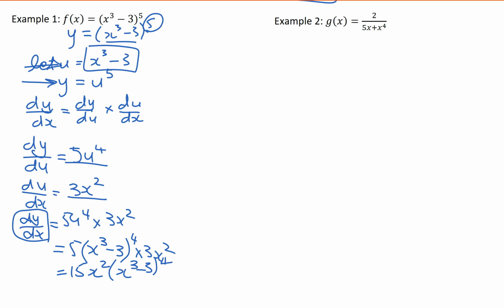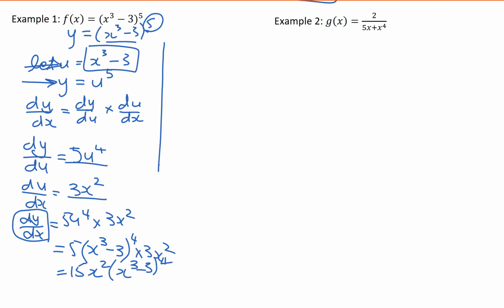Are we happy with that? Does that seem pretty easy, to be fair? Why would you ever do it that way? The way I said before, which I didn't put on the video. I wouldn't, because I know the chain rule. This is me trying to teach you the chain rule.